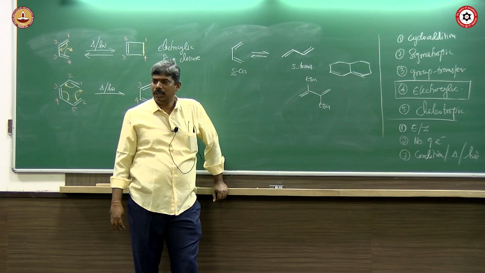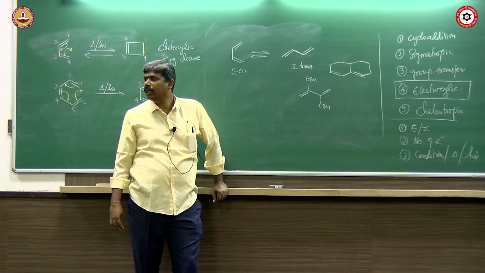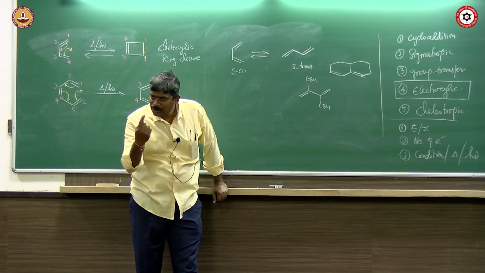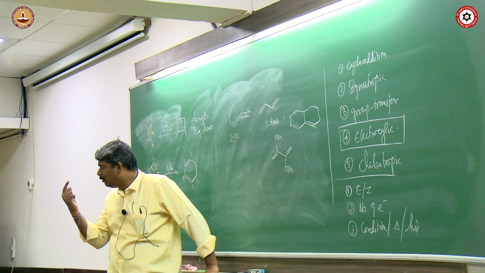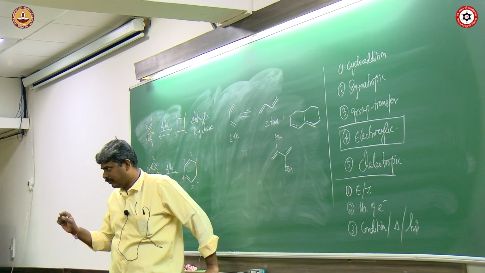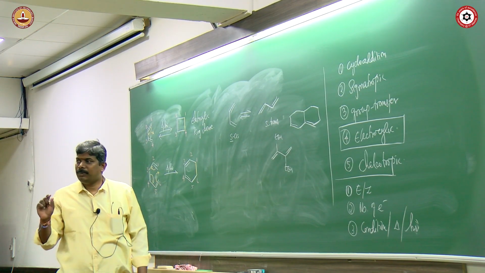These molecules would not undergo electrocyclic ring closure. The molecule should have at least 1 or 2% of the S-cis form possible. Then only can you have a reaction happen. Otherwise, there is no possibility. All right, that is with respect to butadiene.